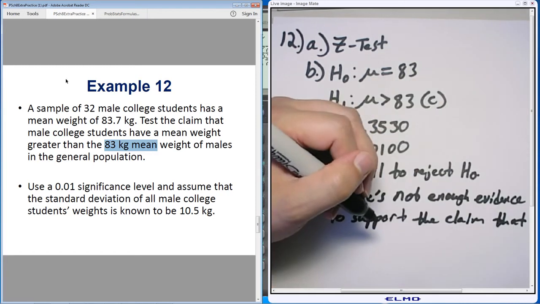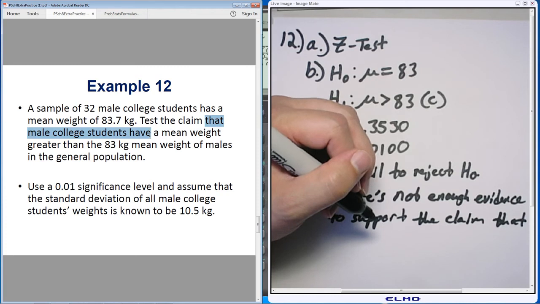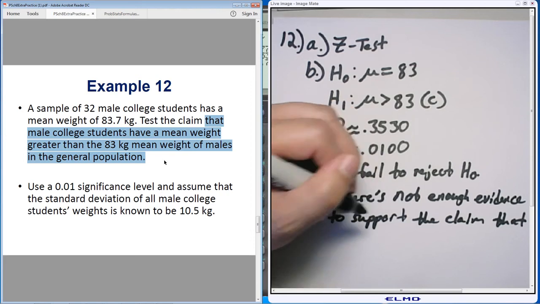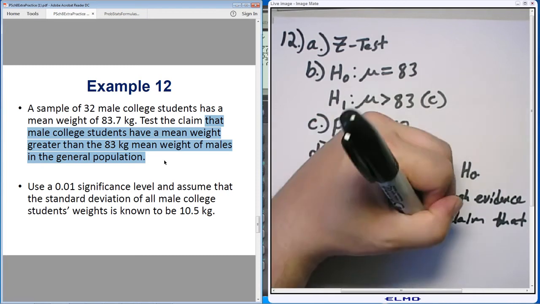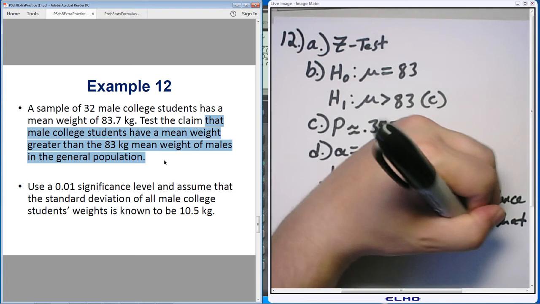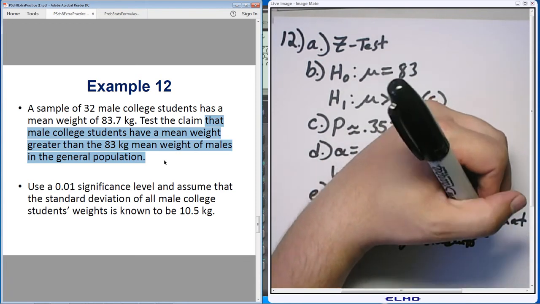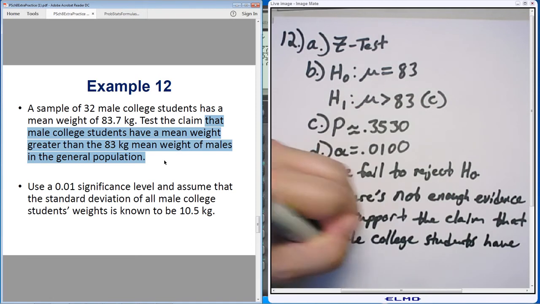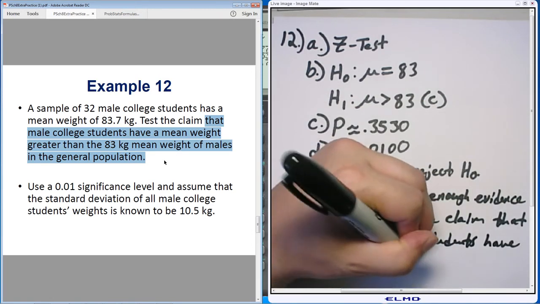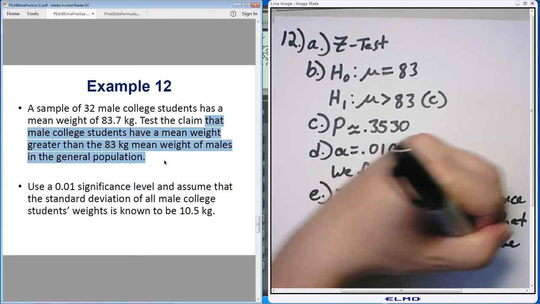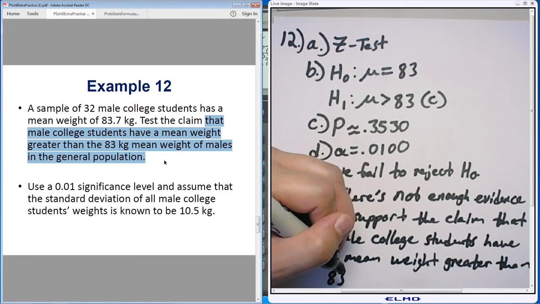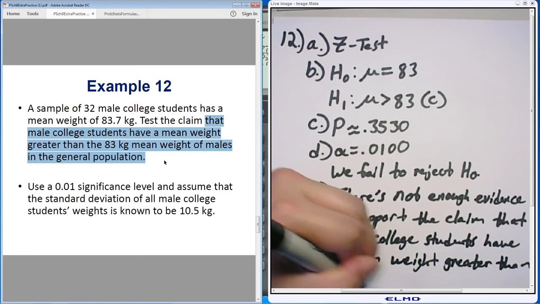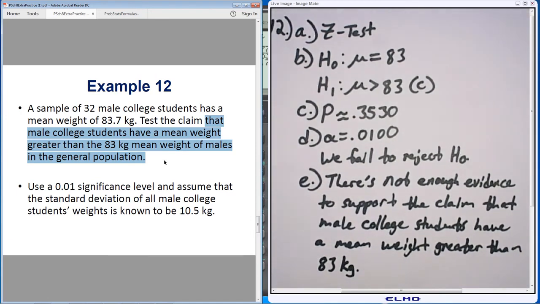Now put it back into terms of the problem: male college students have a mean weight greater than 83 kilograms. There's number 12.